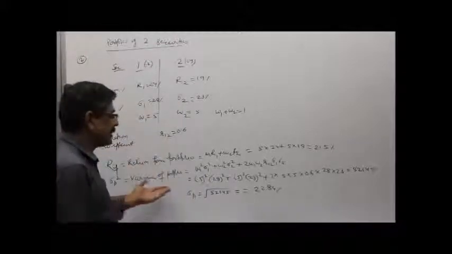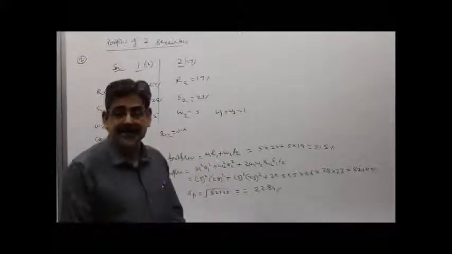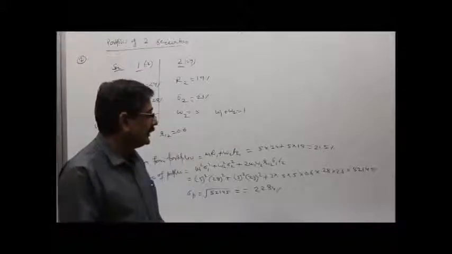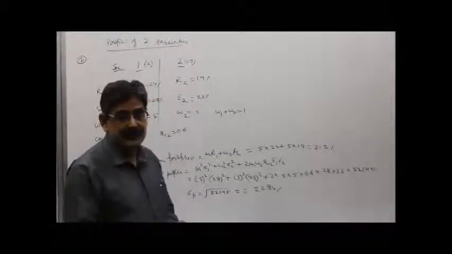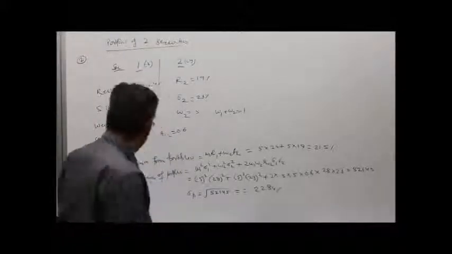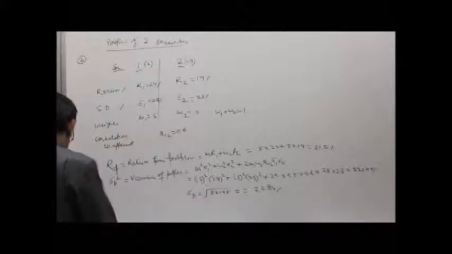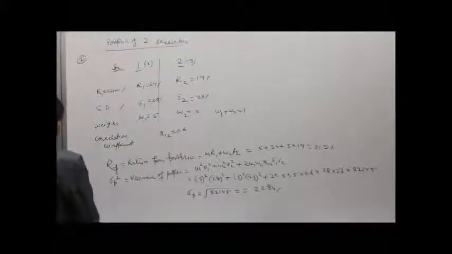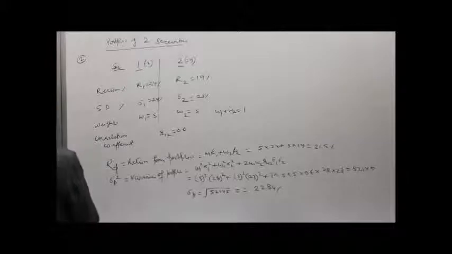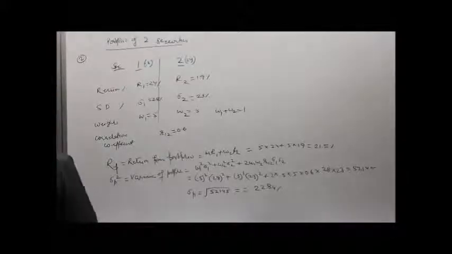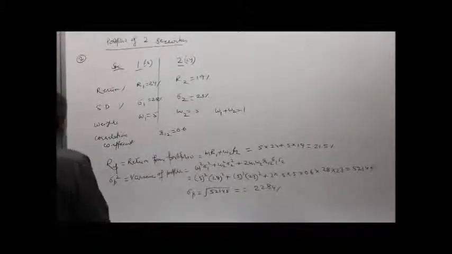So it's just a direct application of the formulas taken from statistics. Simple calculations can help us to achieve good marks easily. Question number 2 is over. We go ahead with question number 3.